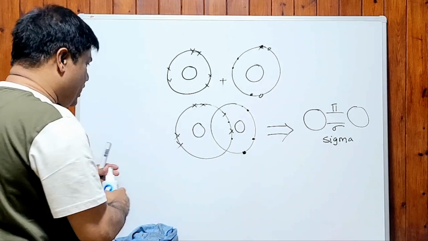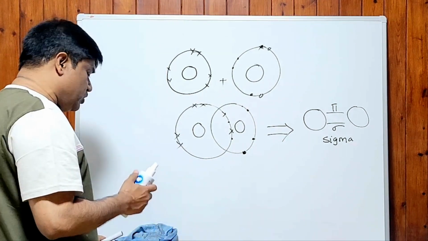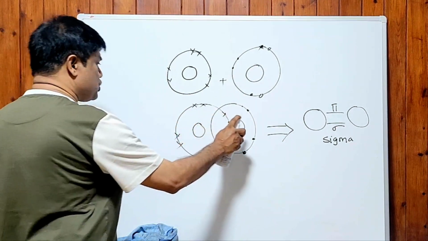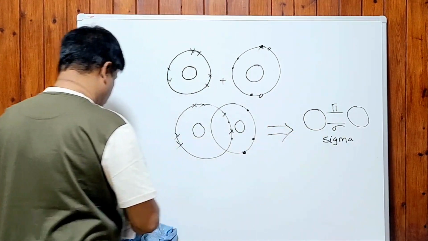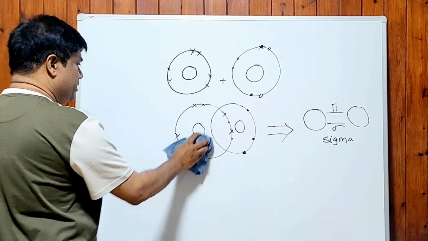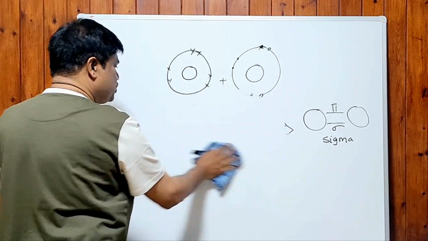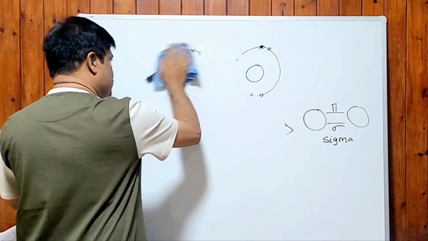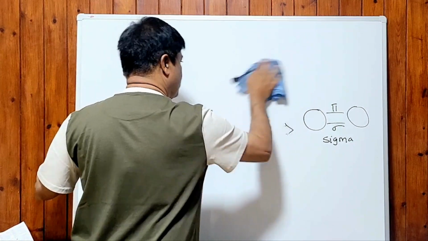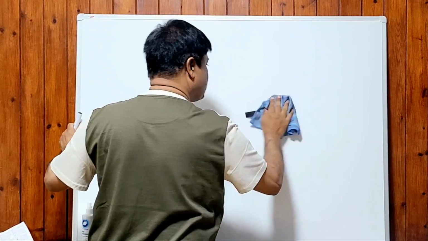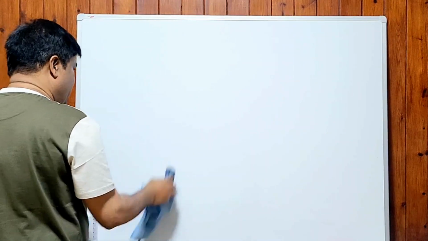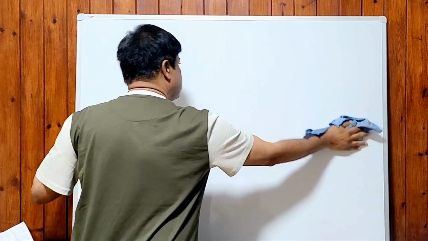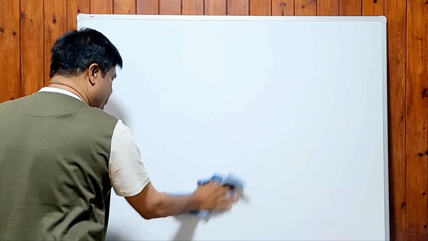Nitrogen needs 3 electrons, so nitrogen and nitrogen form a triple covalent bond. Both share 3 pairs of electrons, 3 electrons from each nitrogen atom. Look at the 3 electrons. Triple covalent bond.